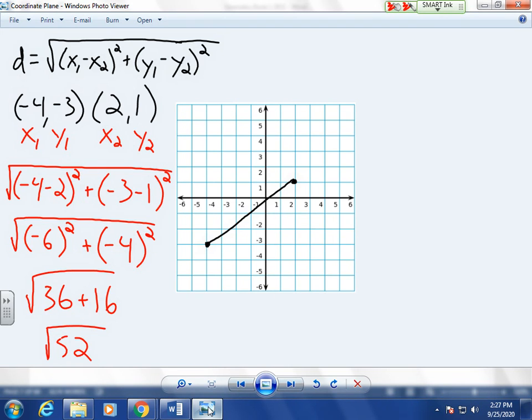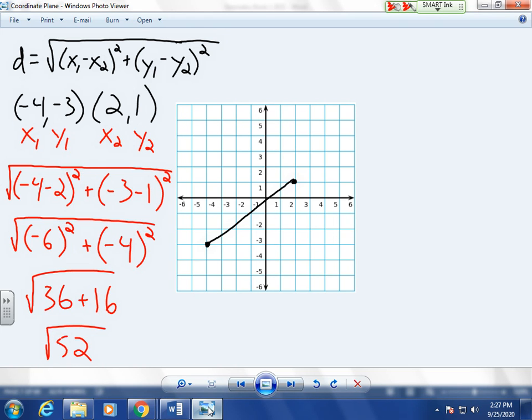According to the calculator, it's approximately 7.2. Root 49 would be exactly 7, that perfect square, and root 52 is a little bit more than that. We get about 7.2. Okay, but I do want you to leave your answers in root form, unless otherwise stated.